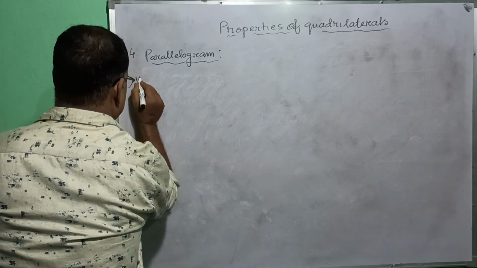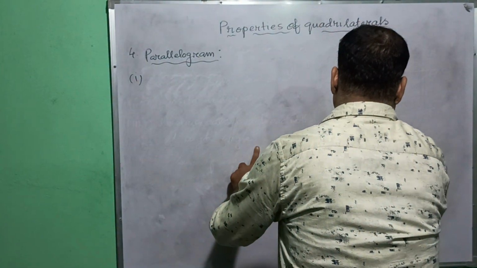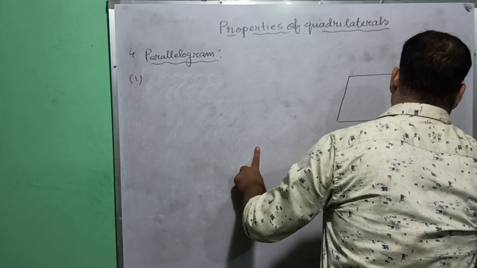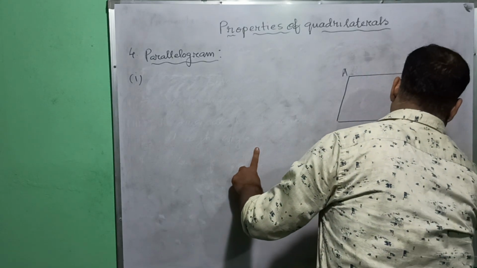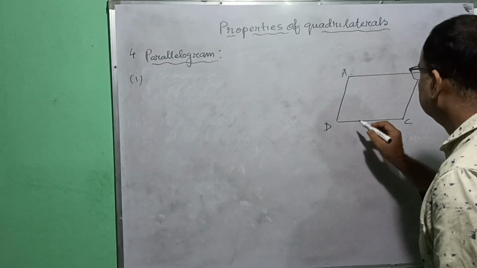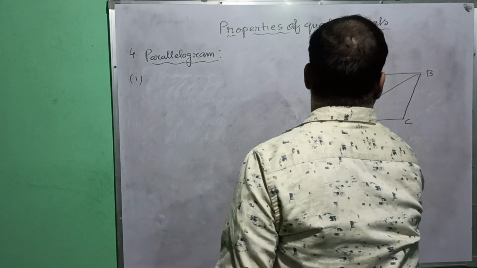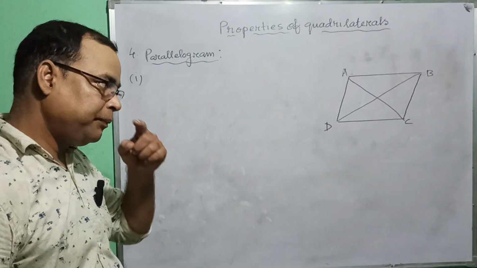Before writing the properties, let me draw the figure of a parallelogram. Let ABCD be the parallelogram. Let me draw the diagonals. Here the diagonals are AC and BD.